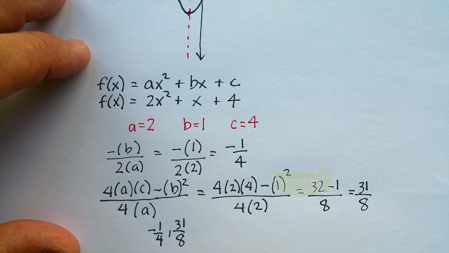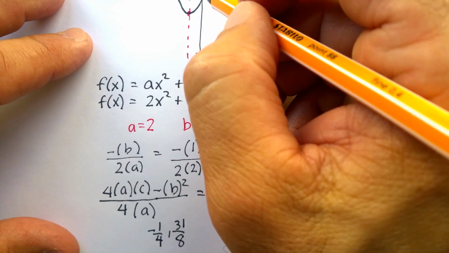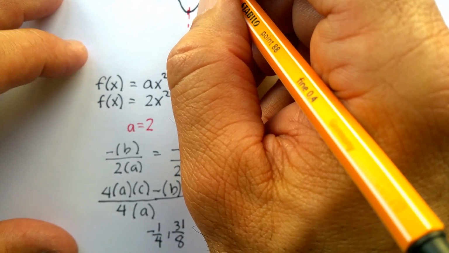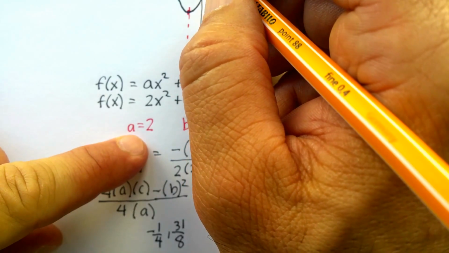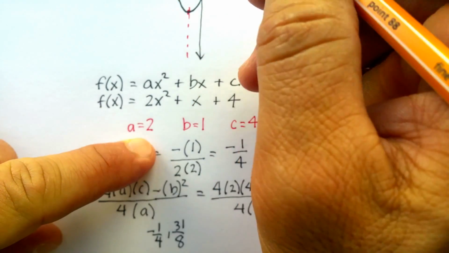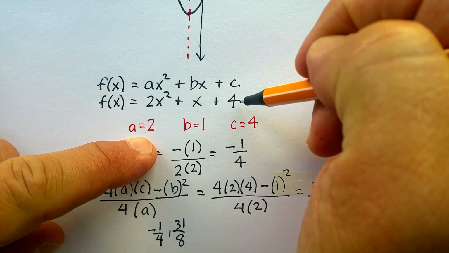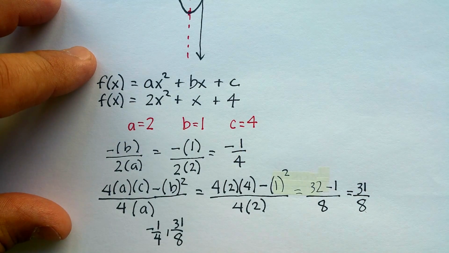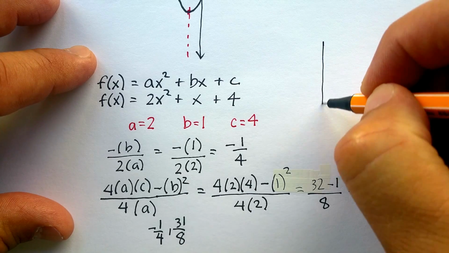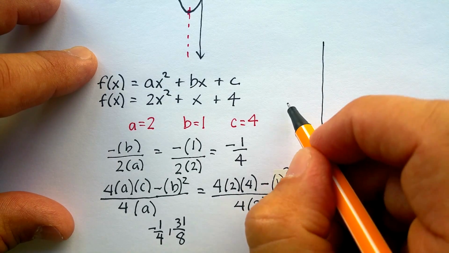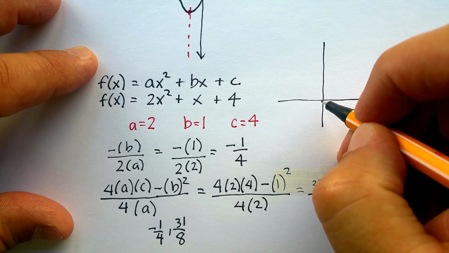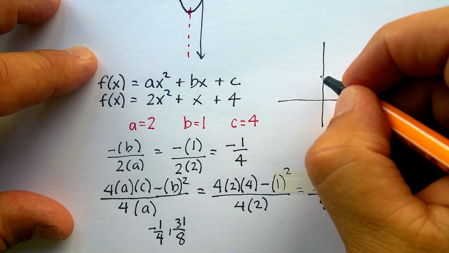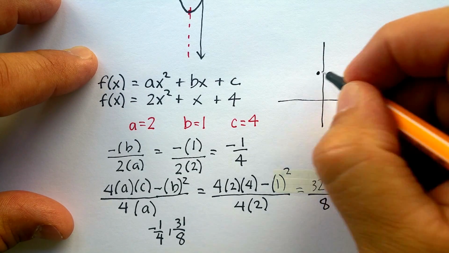That tells me that my vertex is going to be a negative and then a positive. So somewhere up here, I know that my parabola is going to open upwards, and I know that the y-intercept will be a positive 4. If I wanted to do a quick sketch of this, it would probably look something like this. Negative 1/4, positive 31 over 8, which is just a little bit shy of 4.